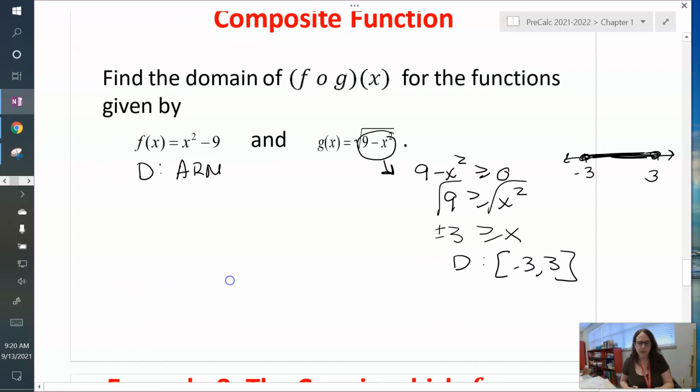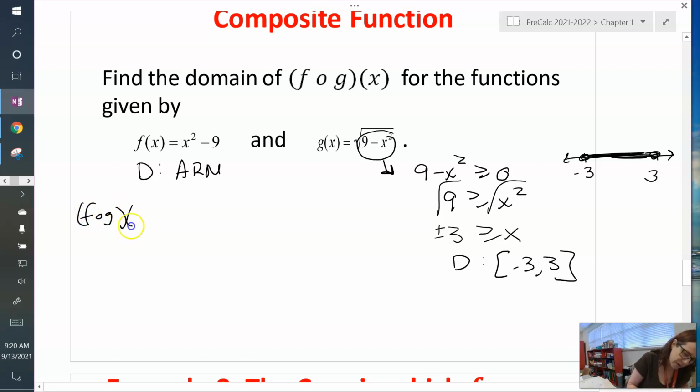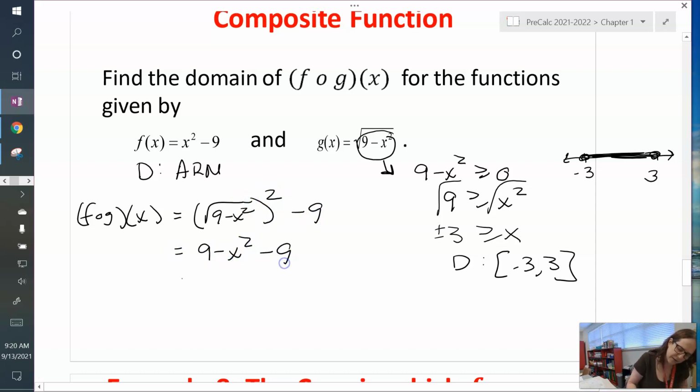Okay? Now let's go ahead and plug g into f of x and make sure that we don't have to eliminate anything else. So f∘g of x is going to be 9 minus x squared minus 9.